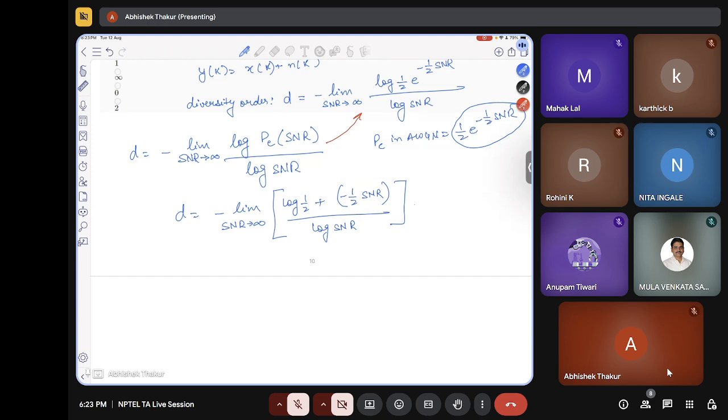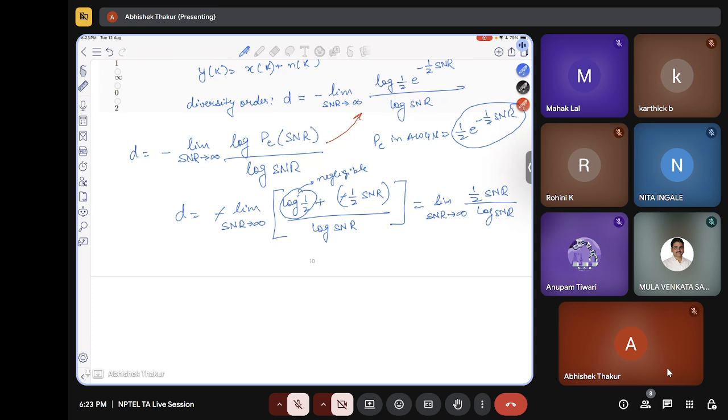So this will become, as log of half is very less as compared to SNR, so this we can make it negligible. Okay, so this will become, and this minus and minus will get cancelled. So this will become limit SNR tends to infinite half of SNR divided by log of SNR.